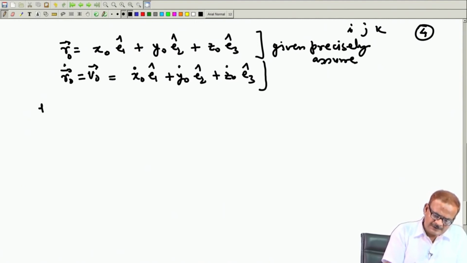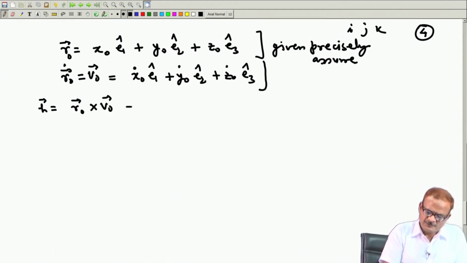So, we start writing h equal to r0 cross v0.